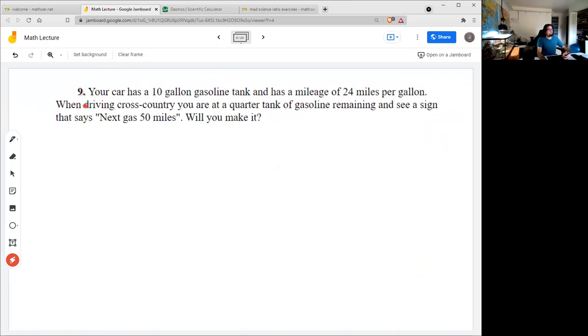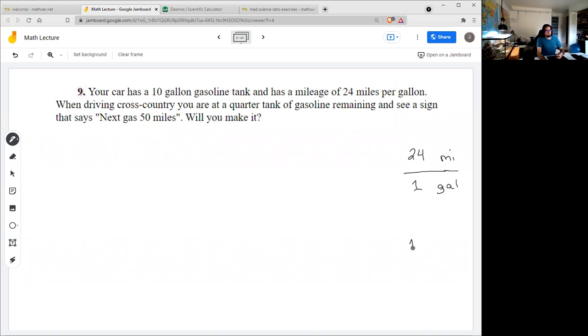Let's look at number 9 with the same type of thing. 10-gallon gas tank. That sounds like something that's not a rate. So I'm going to put some rates over here. 24 miles per 1 gallon. Then 50 miles, 10 gallons.